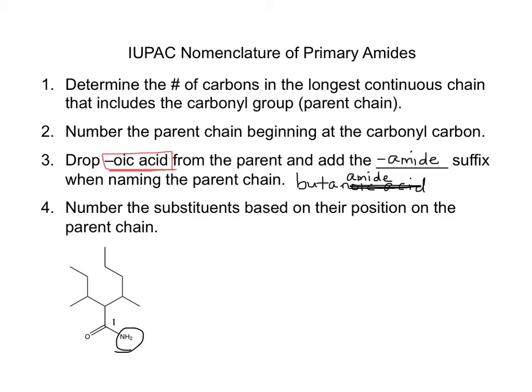We'll start at the carbonyl carbon, that's number 1, then number 2. Now we have to go to the longest chain. If we head to the left, that's 3, 4, 5. Going to the right, 3, 4, 5, 6. So we will be going to the right on this.